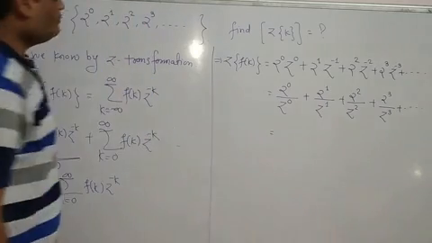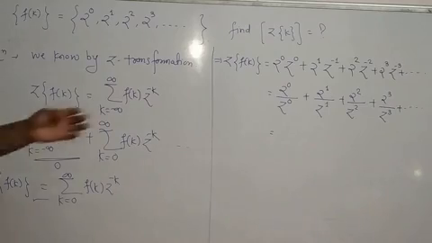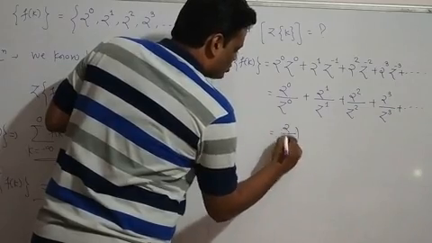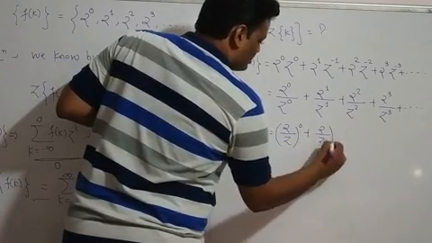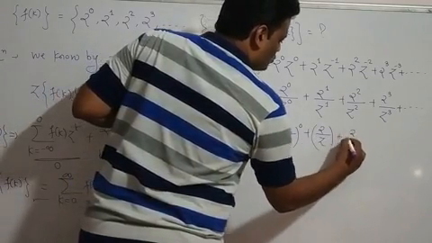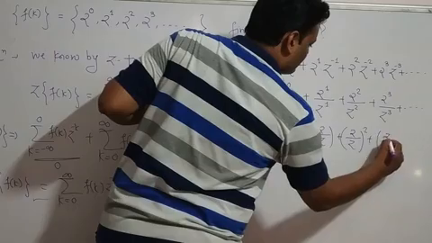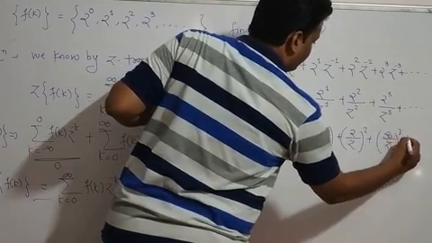That is equal to 2 raised to 0 upon z raised to 0 plus 2 by z plus 2 square by z square, so you have (2 by z) raised to 0 plus 2 by z plus (2 by z) square plus (2 by z) cube and so on.